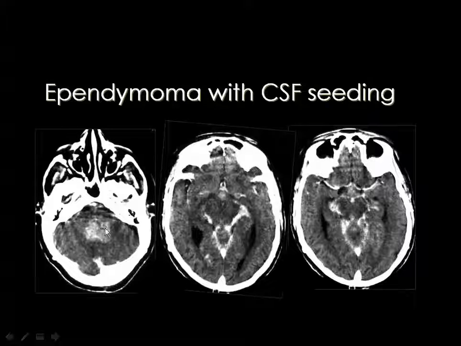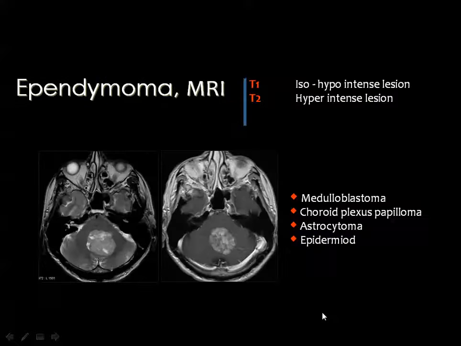And this is a case of ependymoma, a tumor which is midline posterior fossa centered to the fourth ventricle region, and the supratentorial images showed multiple nodular enhancement in the basal cisterns as well as the quadrigeminal cistern, diagnostic of metastatic CSF seeding.